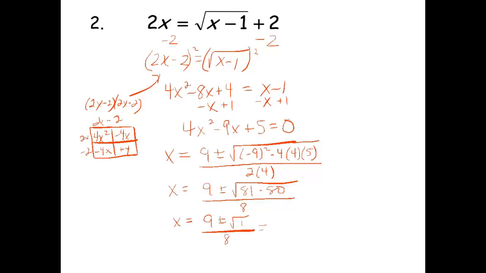And the square root of 1 is 1. So we have 9 plus or minus 1 over 8. I'm just going to split those into the two answers you could get there. So 9 plus 1 over 8, which is 10 over 8, or 9 minus 1 over 8, which is 8 over 8, which is 1.